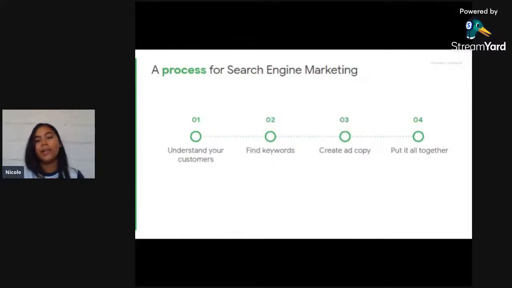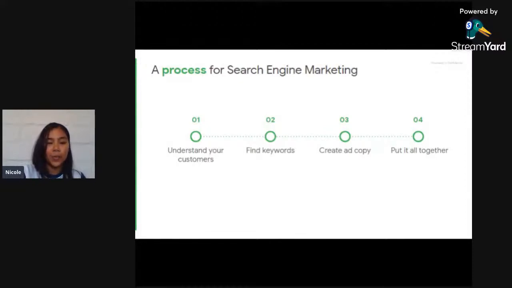So now let's take a look at the process for search engine marketing. The first step that you need to consider is you need to understand your customers. This is what makes everything else happen.